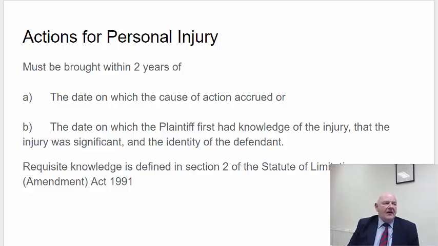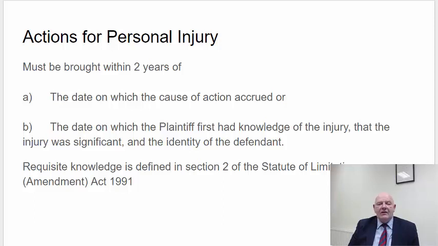So it may well be the case that you have suffered an injury, but the symptoms of the injury may not manifest themselves for some time. For example, if your injury was psychological or psychiatric, or indeed a physical injury, it may not manifest itself for a while after a particular accident or an incident.